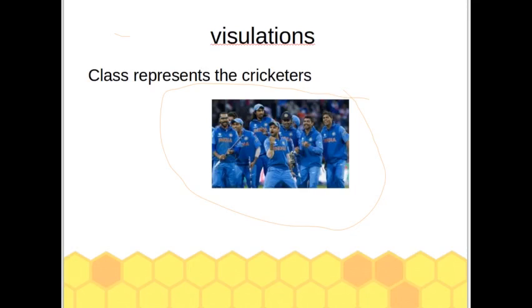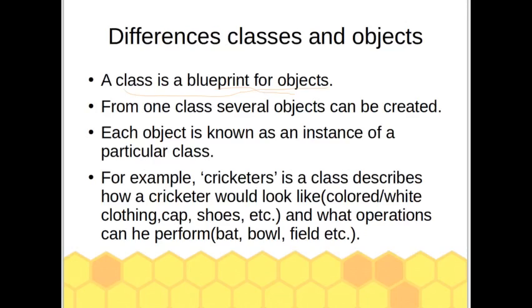They will have some tests of their ability, and by getting all the results they will select. So in a class there can be n number of objects created, and each object is known as an instance of a particular class.